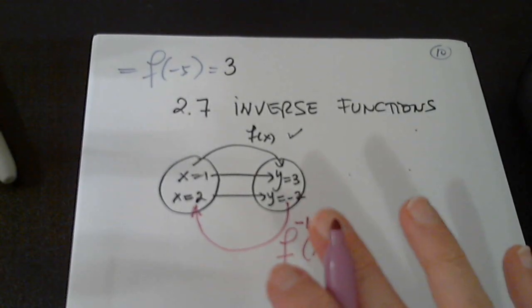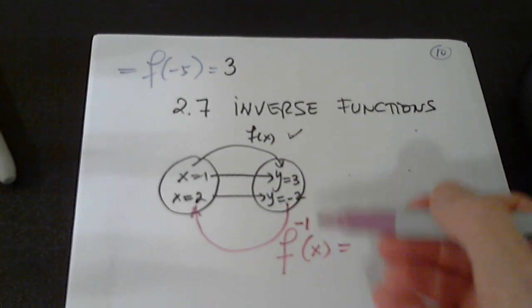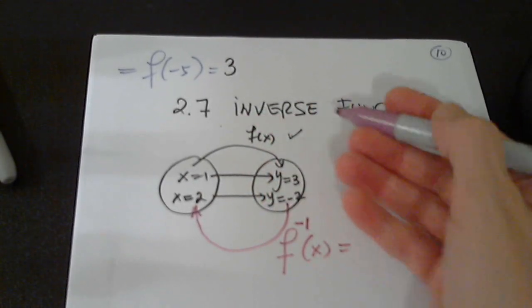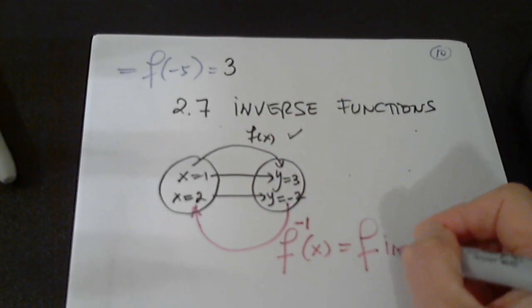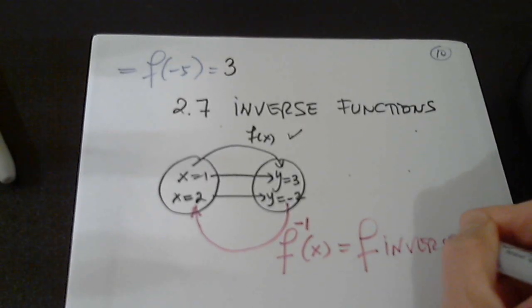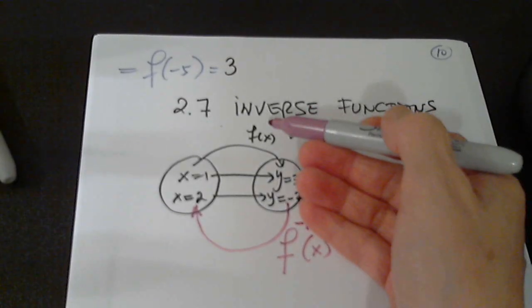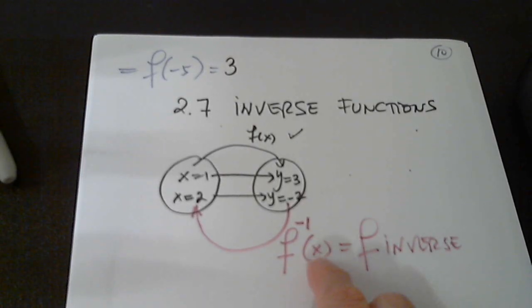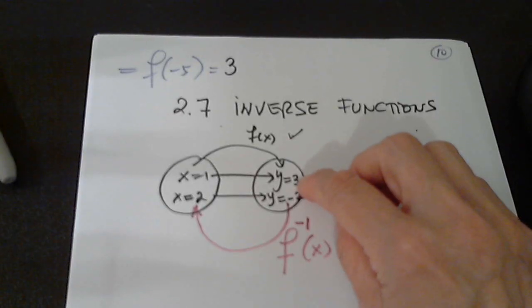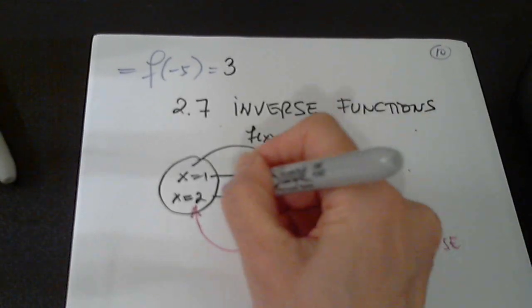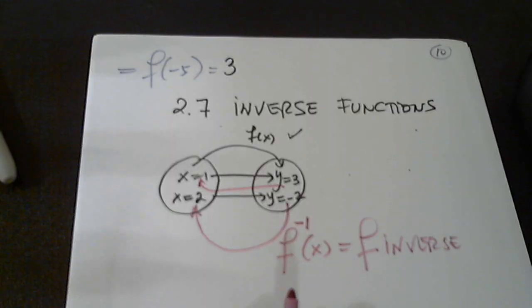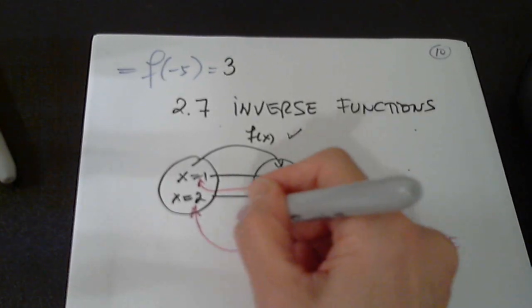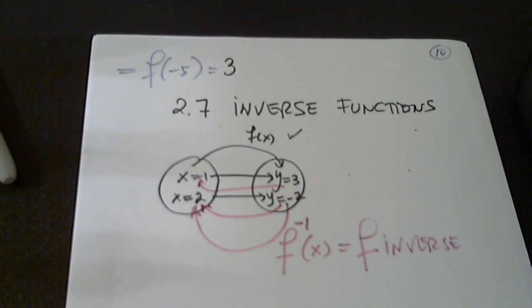This is not the way we read it. We read it f inverse. F inverse is the inverse of function f. What does this mean? It means that the inverse of f, when it is applied to 3, returns 1. When it is applied to -2, it returns 2, and nothing else.